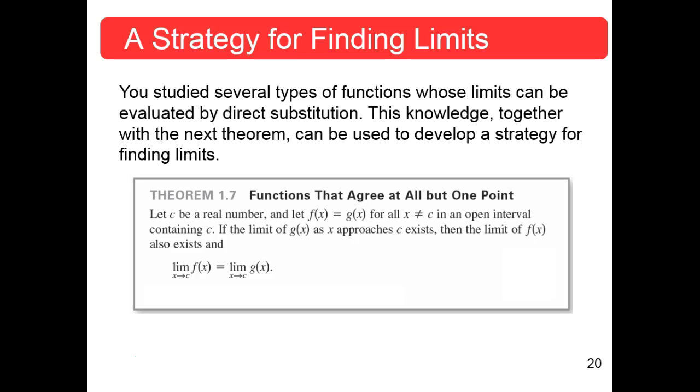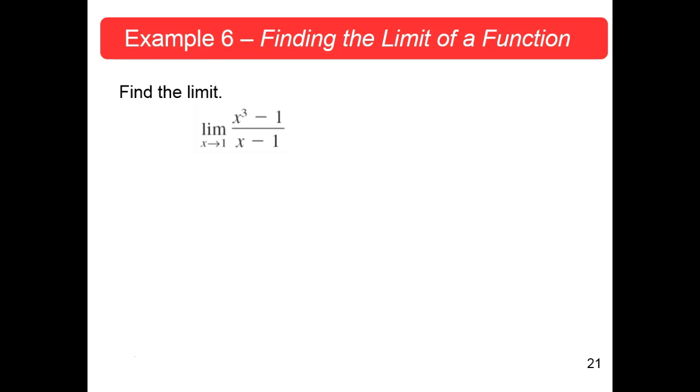Now that seems like such a weird kind of thing, and maybe they'll show us an example. Here's one. What would you do first to do that limit? Find the limit as x approaches 1 of x squared minus 1 over x minus 1. Usually plug in 1.